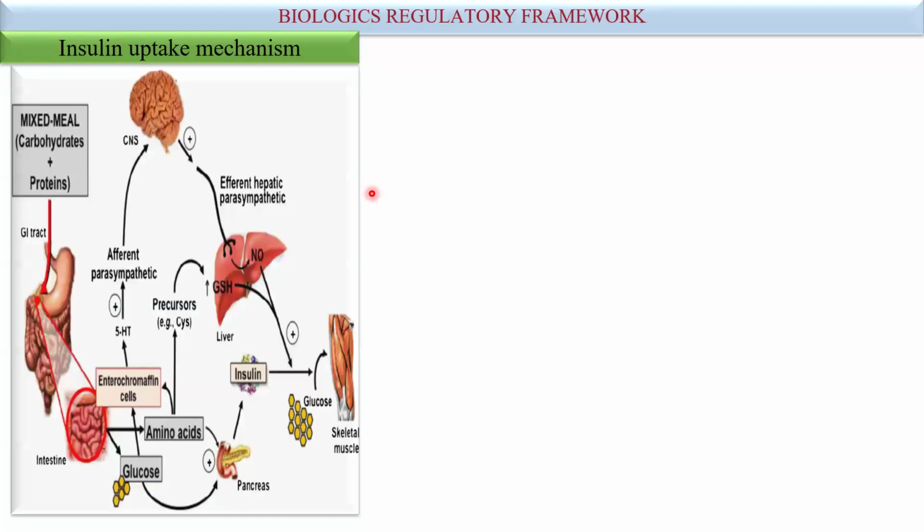So generally in the human body, what will happen? When we take any mixed meal, carbohydrates, proteins, it reaches the digestive system and then the intestine. The digested food is converted into glucose molecules. The converted glucose, when it reaches the pancreas, triggers insulin synthesis. In the pancreas there are beta islet cells, which synthesize insulin.